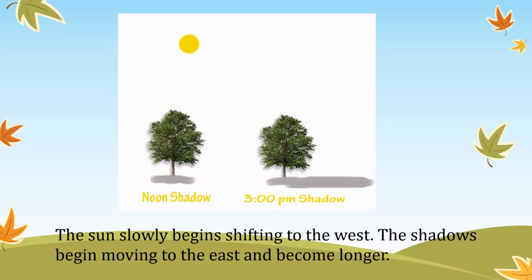As you can see in the picture, the first tree and its shadow is the noon shadow, and the second tree shadow is of 3 p.m. shadow, and the shadow is towards the east side and it is long.